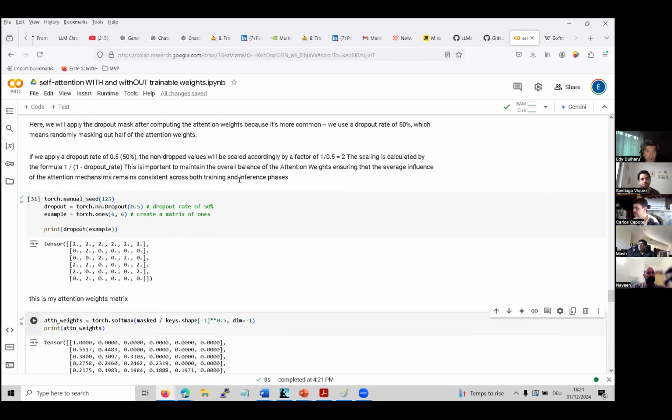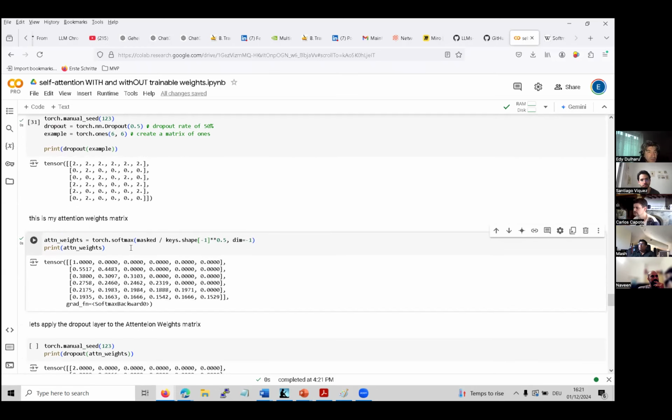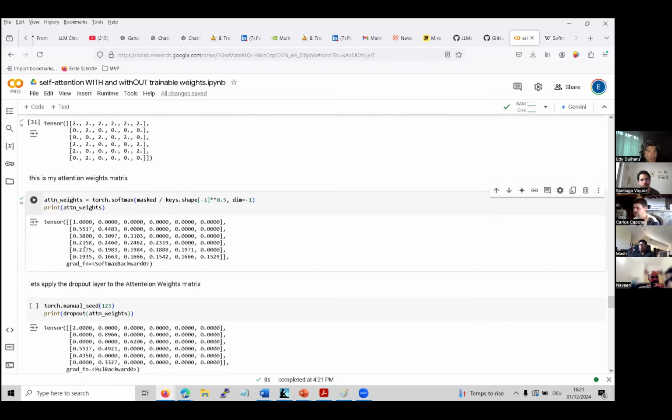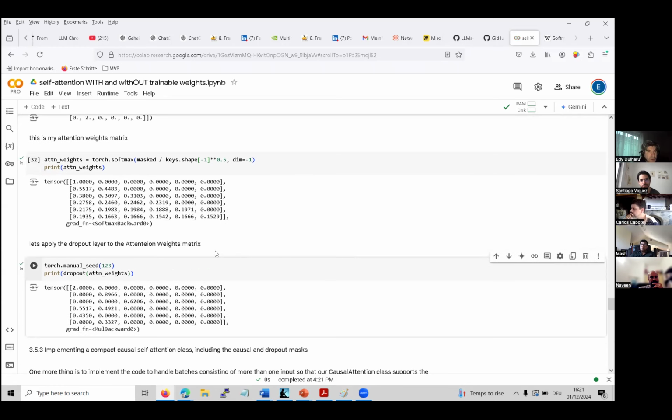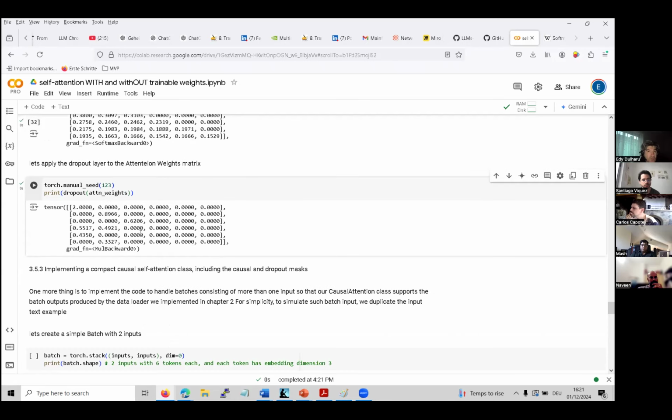So now this is my new attention matrix, and I apply the dropout layer to it, and we get this new tensor here.